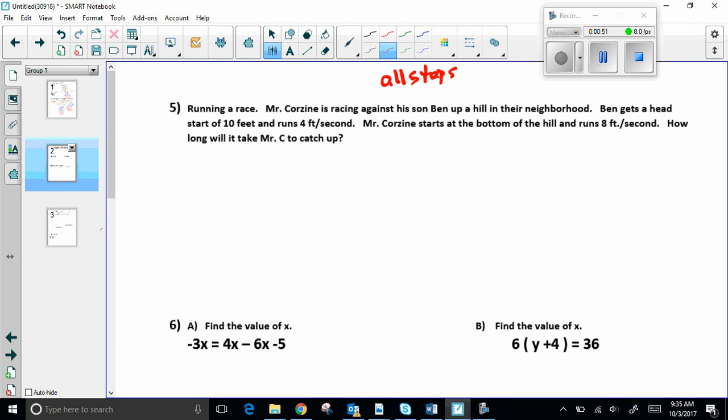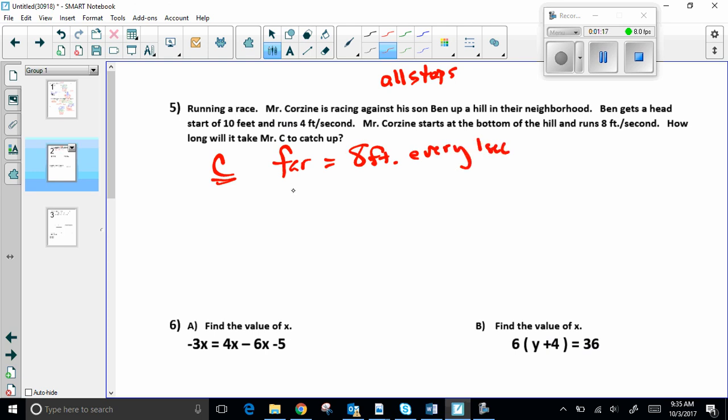There's all kinds of ways that you can describe this or do this, but basically it goes like this: how far does Mr. Corzine run? Well, it's going to be 8 feet every second.